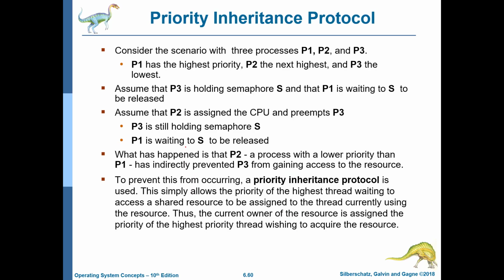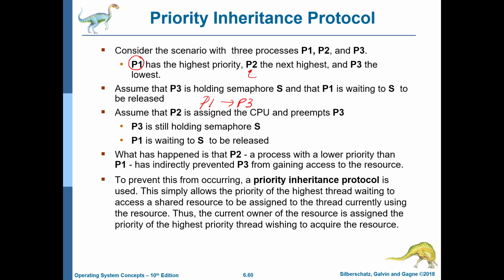So it is defined over here. So let's say that process P1 has the highest priority, P2 has the next highest, and P3 has the lowest. Right? So in this case, let's say that P3 is holding the semaphore S and P1 is waiting for P3 to relinquish the semaphore.